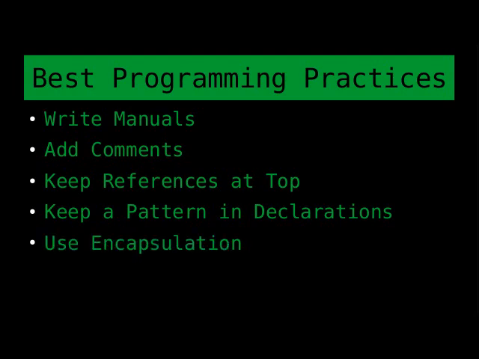And the last one here is actually pretty important too. And that's using encapsulation. This means every function that you write. Most languages allow your functions to be pretty well encapsulated, but you want to make sure that as much of that as possible is inside of that function. You're not trying to depend on a bunch of environmentals.